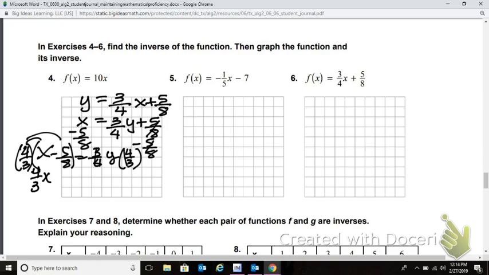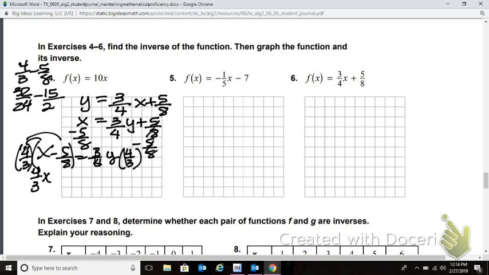Oh, let's see, 4/3 minus 5/8. We need common denominators there, don't we? 4/3 minus 5/8. Common denominator would be 24. So the first fraction we will multiply by 8. We'll get 32 over 24. Second fraction we will multiply by 3.